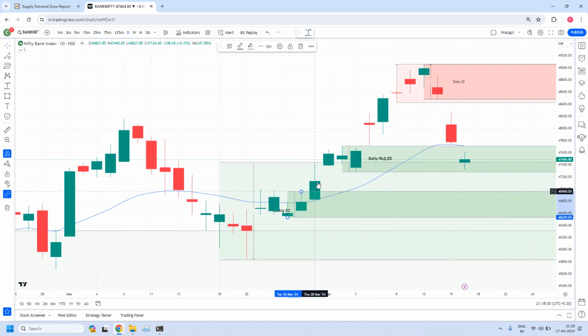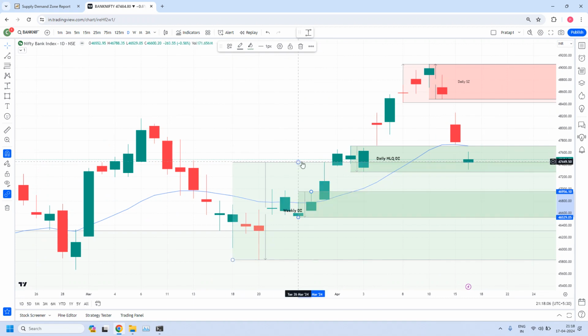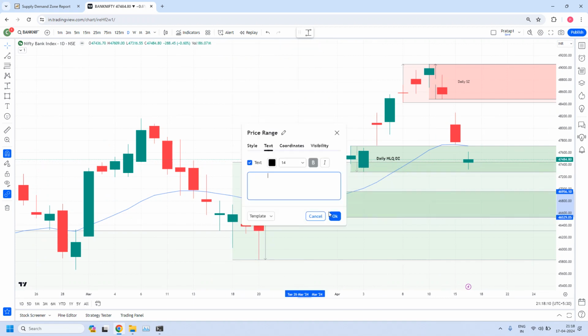We have a drop, base, rally. This is a daily demand zone.